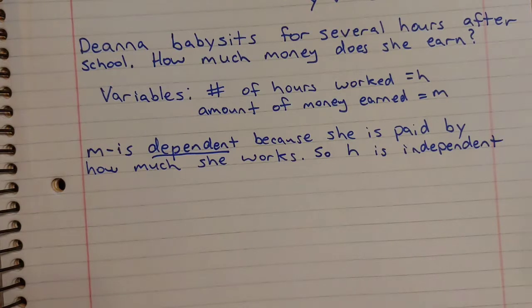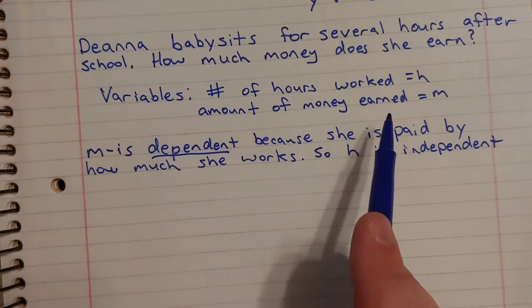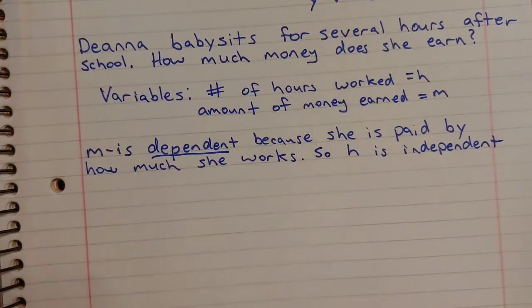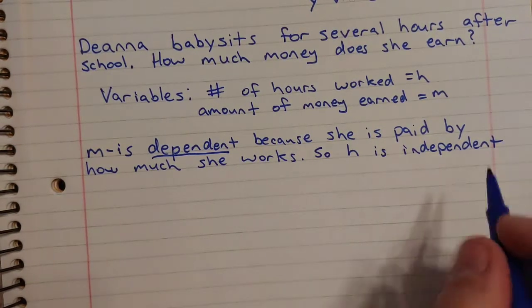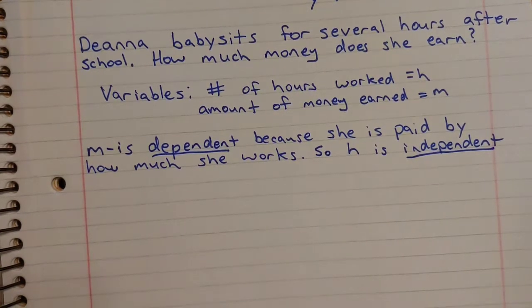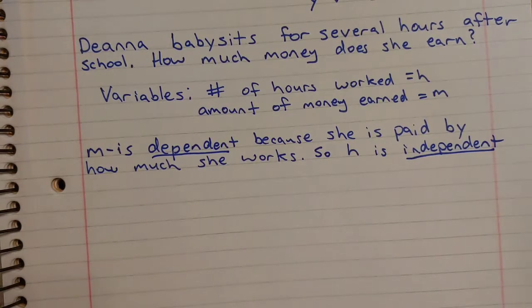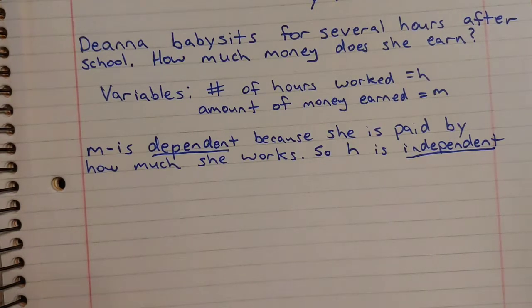If she works 3 hours, she gets paid $21. M, which is how much money she's earning, is dependent on the number of hours she's worked. So that is why H is the independent and M is the dependent. Okay? Go ahead and write that down. Pause if you need to get the rest of this. Okay?